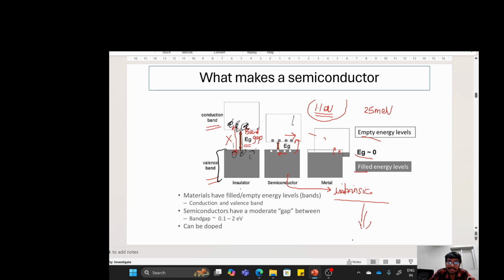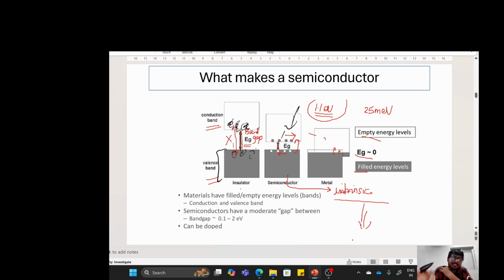But in semiconductors, the band gap is around 1 to 3 electron volts. If the band gap is less than 3 or 4 electron volts, there is a possibility of finding electrons in the conduction band, according to equations in the devices courses that you must have read.